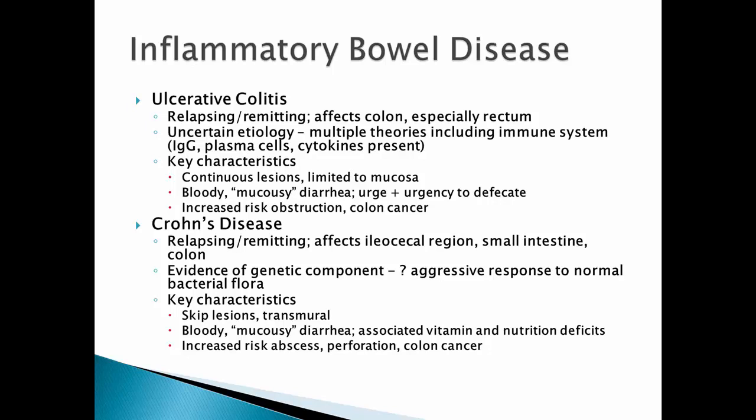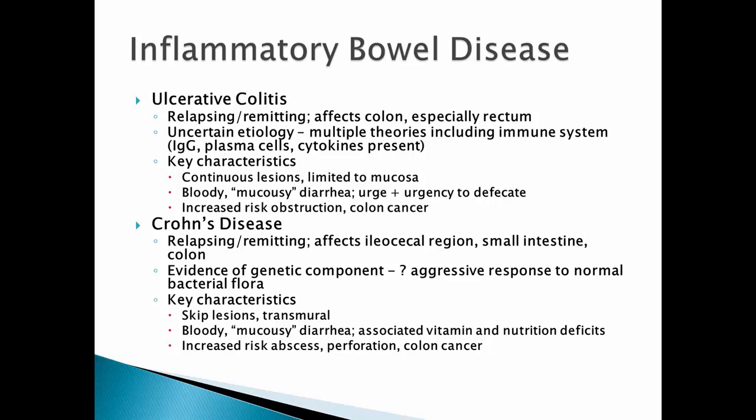In Crohn's disease, because this is a transmural pathology, there's an increased risk of abscess and perforation of the colon, but also an increased risk of colon cancer. The other thing with both ulcerative colitis and Crohn's disease is that they are, I won't say frequently, but they are associated with disorders outside the GI tract.